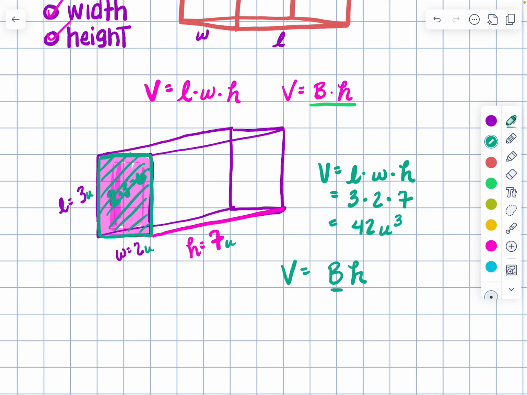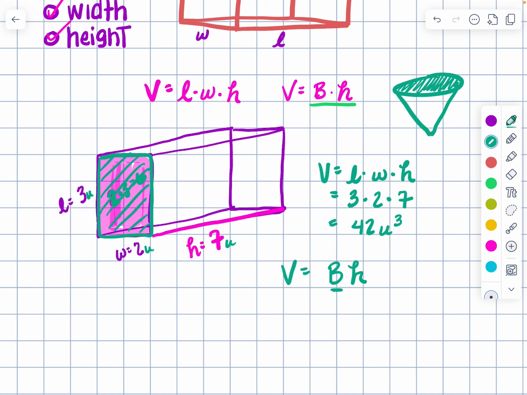Think about an ice cream cone. When we're talking about the base of a cone, we're talking about this circle here. Well, it's not on the ground, but it's still the base, and we have to be able to recognize that's where it is. So anyway, I'm getting off topic here.